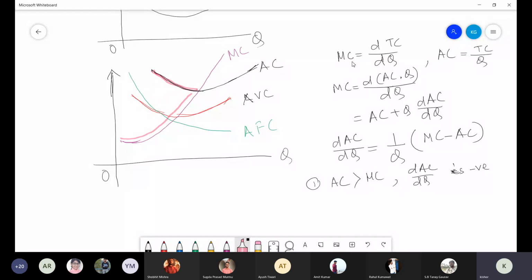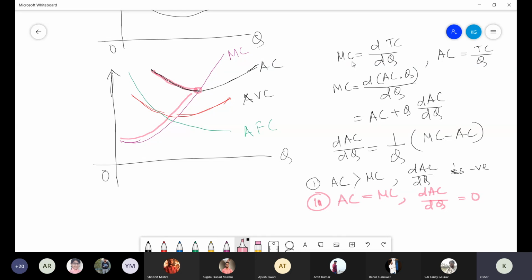Second possibility is that, at this particular point, AC is equal to MC. Then what will happen? dAC by dQ will be 0, so the slope is 0.